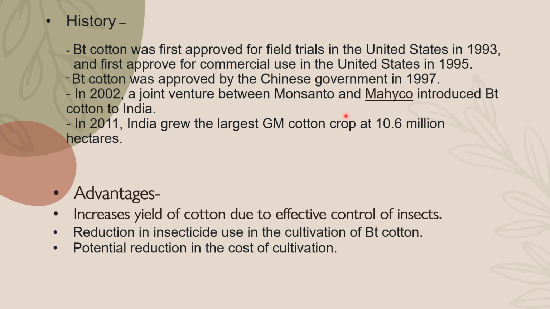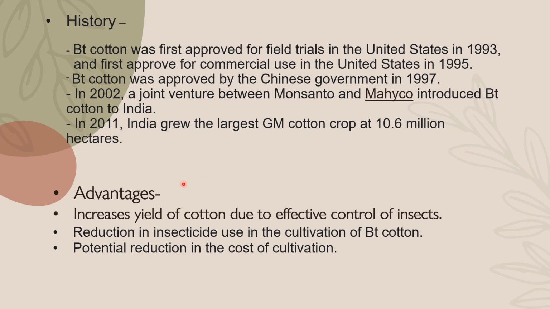In 2002, a joint venture between Monsanto and Mahyco introduced Bt cotton to India. And in 2011, India grew the largest genetically modified cotton crop at 10.6 million hectares. So these are the highlights of the history.